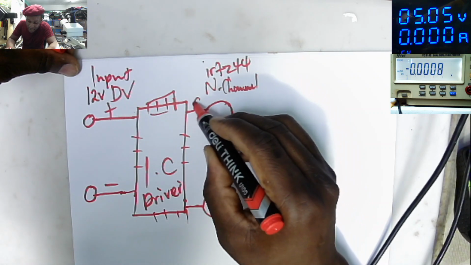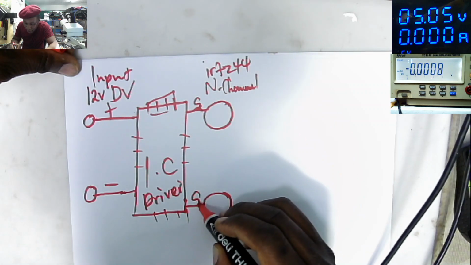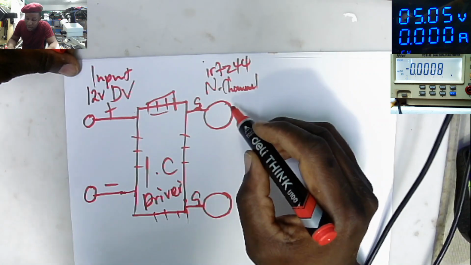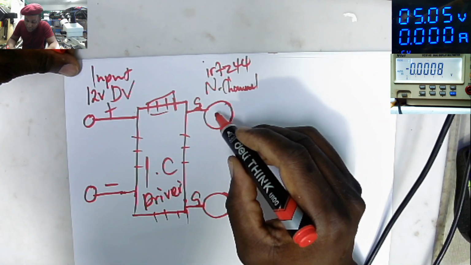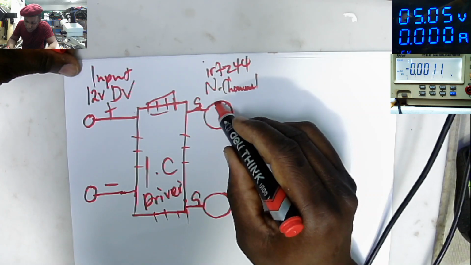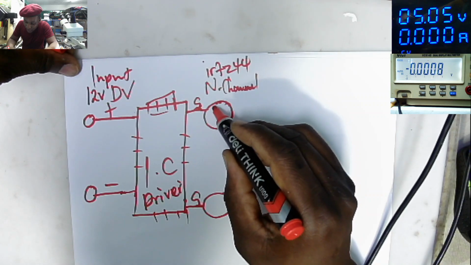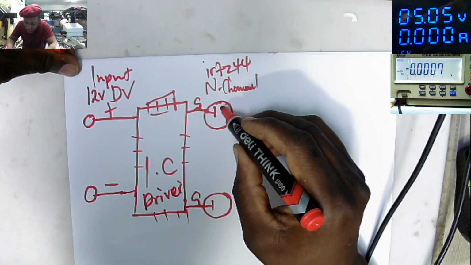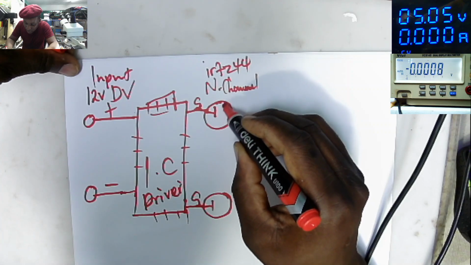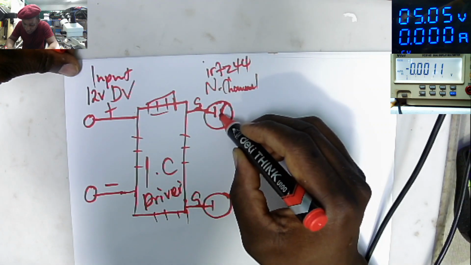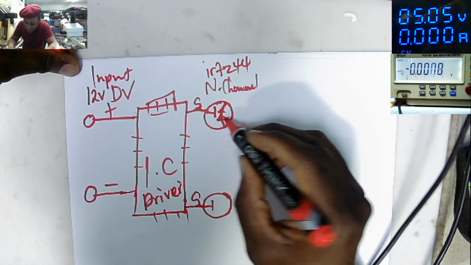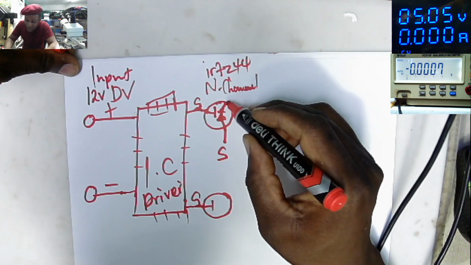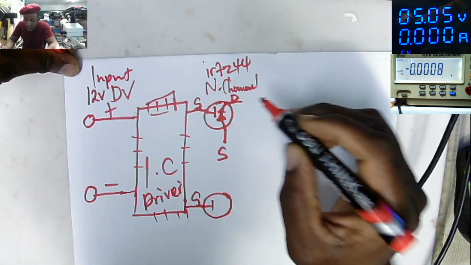Here we have the gate which is going to the chip. That's the gate, like two gates. And what do we have here? We have source and the drain. That's the drain.